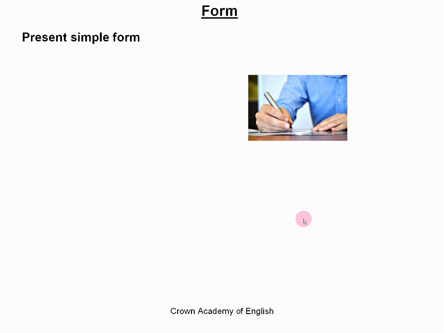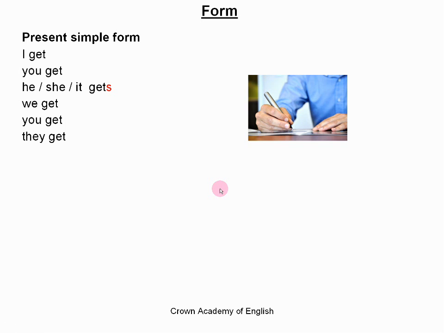So the present simple form is I get, you get, he, she or it gets. Very important. This is the only one that changes, and we have the S at the end. We get, you get, and they get.